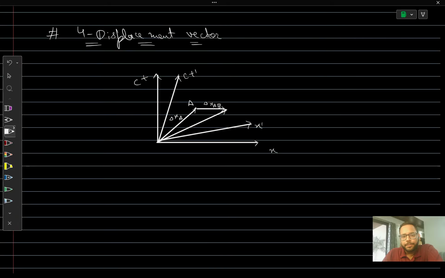This is point A, suppose, and a point in the spacetime diagram represents an event.